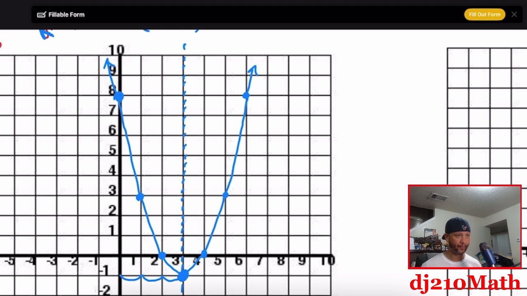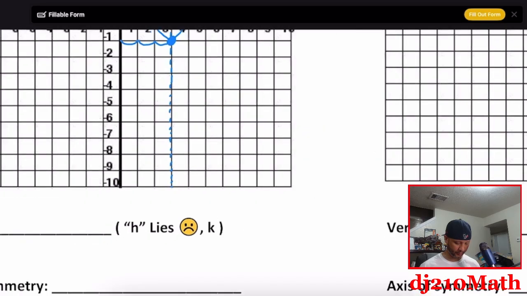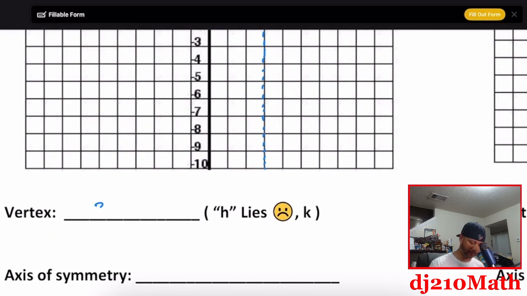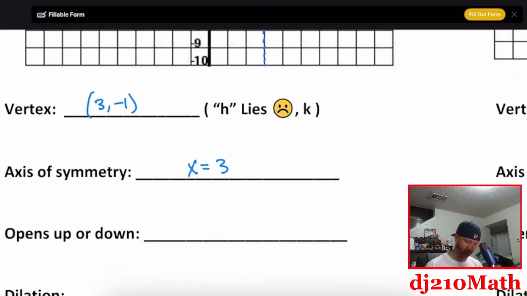Okay, let's answer some questions. 3, -1, that's the vertex. Axis of symmetry, that's the x value of the vertex. We know that it opens up, right? A was positive.